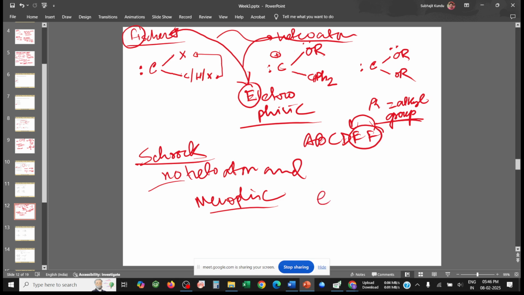That means it is electron rich, so it will prefer to bind to a metal which has high vacancy of electrons, that is an electron deficient center, a metal in a high oxidation state. So Schrock types of carbene prefer to bind with metal atoms in a high oxidation state.